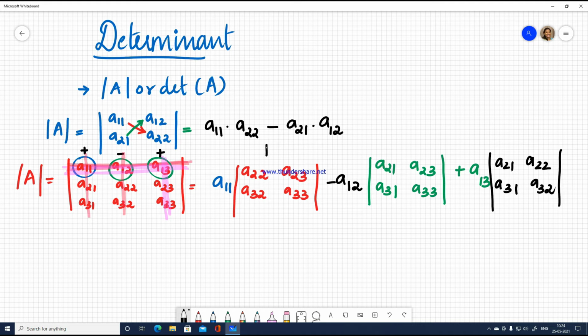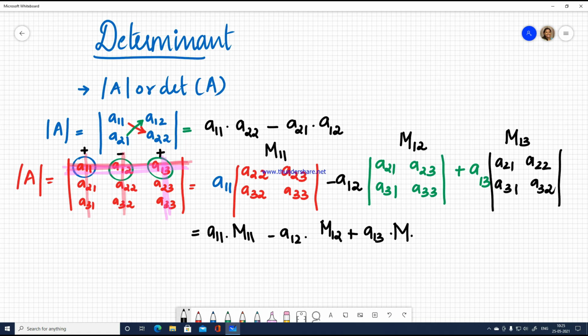This is indicated as M11, M12, M13, the minors. In short, this can be written as A11 into M11 minus A12 into M12 plus A13 into M13. This is how we find the determinant of a 3 by 3 matrix.